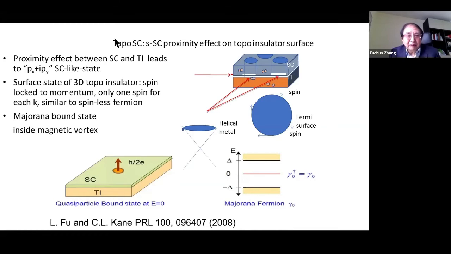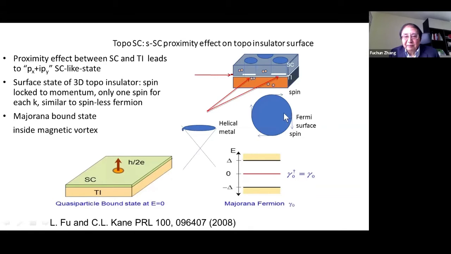When I have a topological insulator, I have a gap in the bulk. I have a surface helical metal on the surface. That's the topological insulator on the top or bottom Fermi surface. And we call it a helical metal because here the momentum is locked to spin.